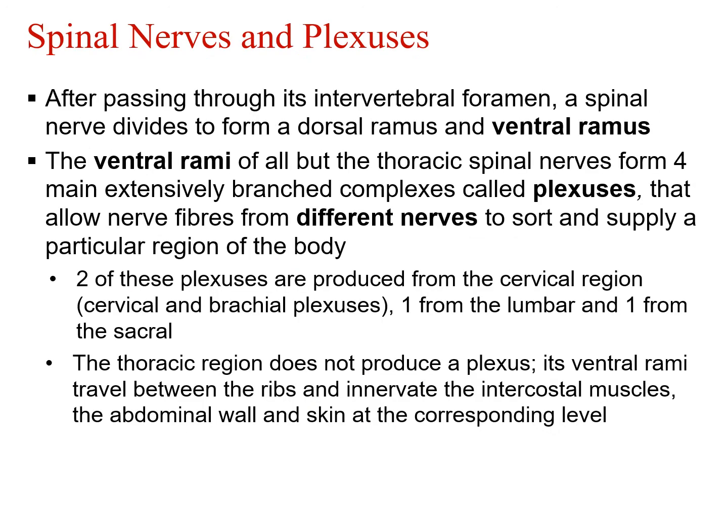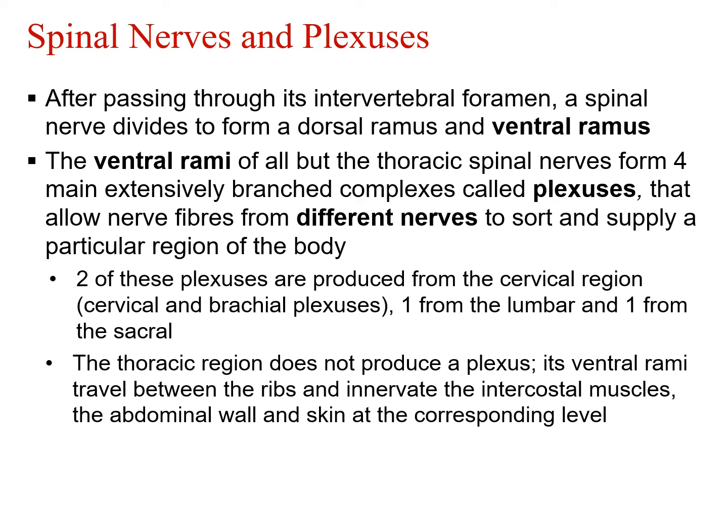So to reiterate, the axons in the dorsal roots at each spinal cord level, which are sensory, converge with the axons in the ventral root, which are purely motor, to form your mixed spinal nerves at each spinal cord level.